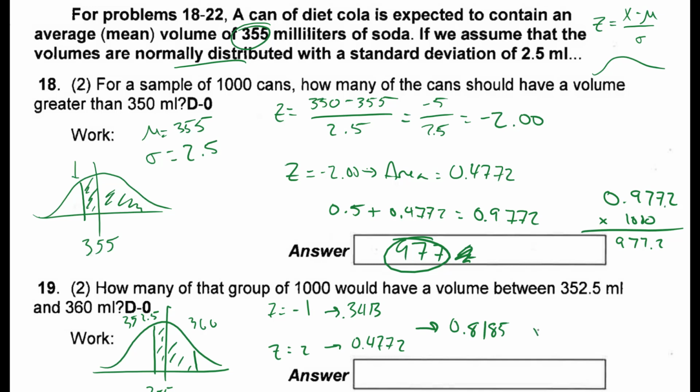Now I need to take that and multiply it by 1,000 because I'm taking a sample of 1,000. So 81.85% of 1,000, and that's going to give me my answer, how many cans. Oh, I need a whole number of cans, don't I? So 819.